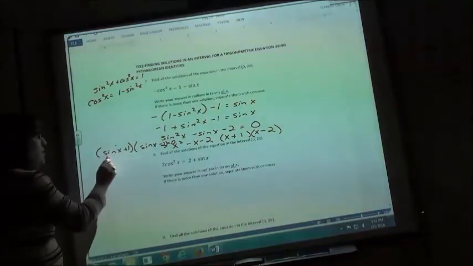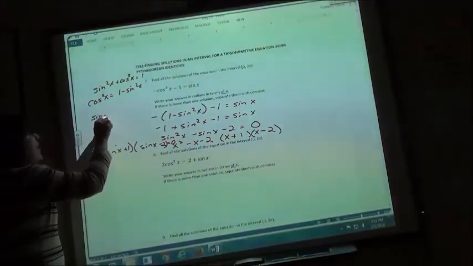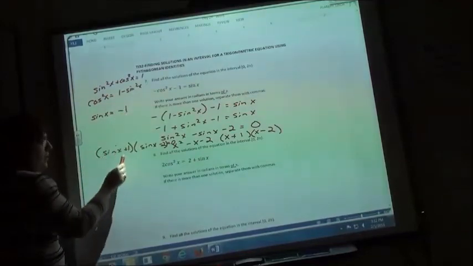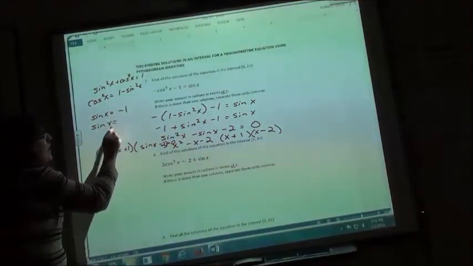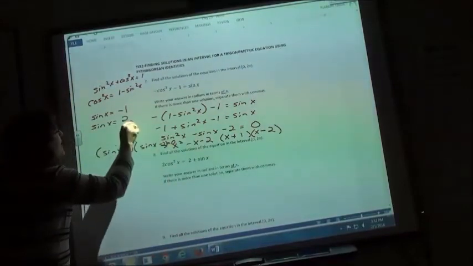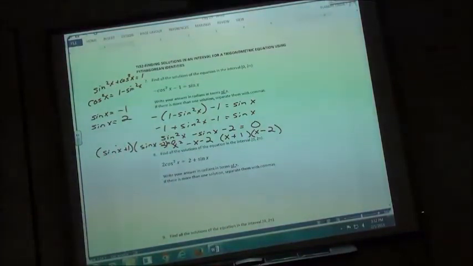So either I'm looking for the sine of x equals -1, because I'd have to move that over, or the sine of x equals, and that would change to a +2. So I'm looking for the values where the sine of x equals -1 or +2.